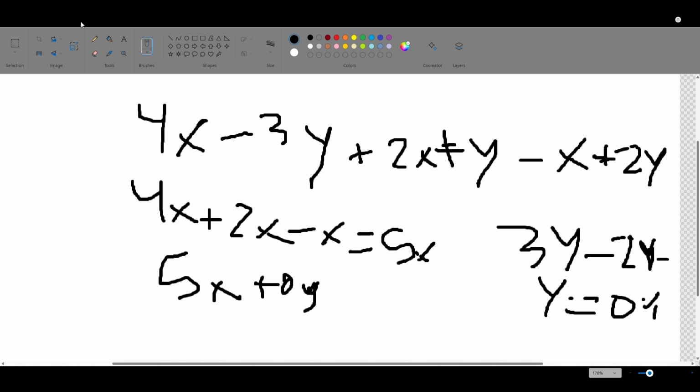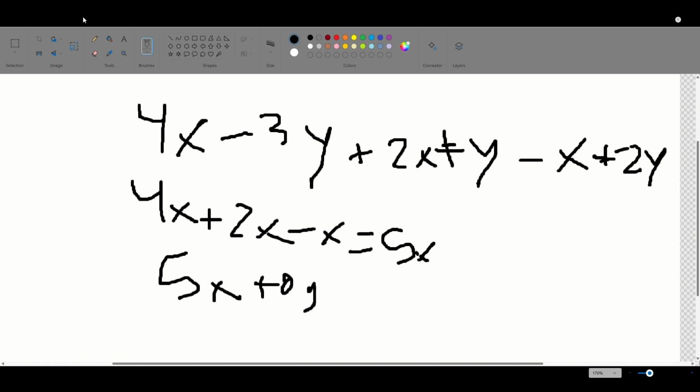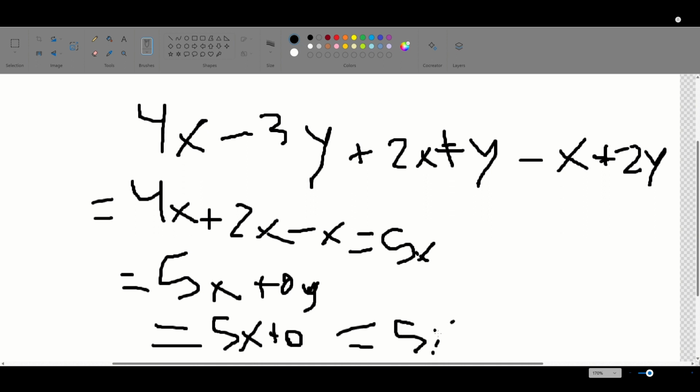So if 0y equals 0, then we know that it would be 5x plus 0y. So 0y equals 0, so it equals 5x plus 0, which then equals 5x. Woohoo! Congratulations! You solved this algebra problem.